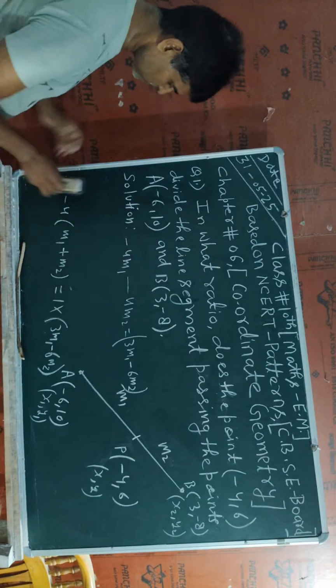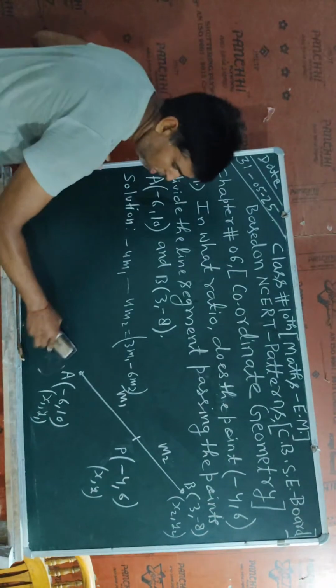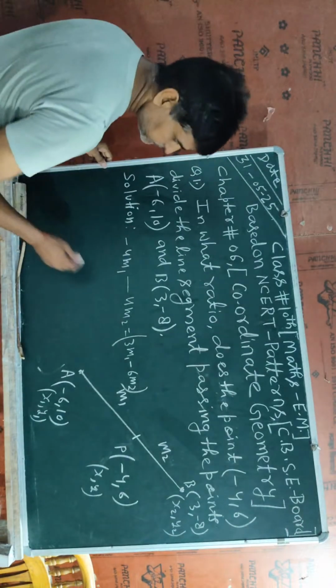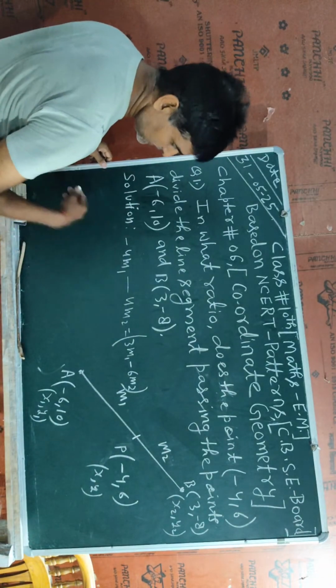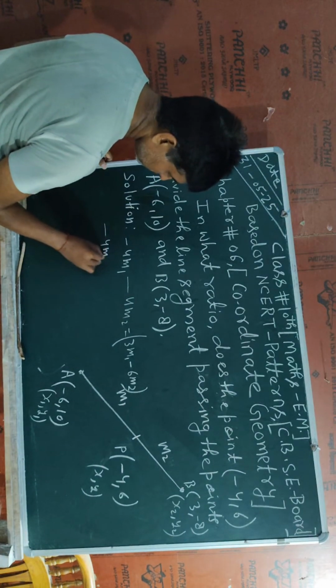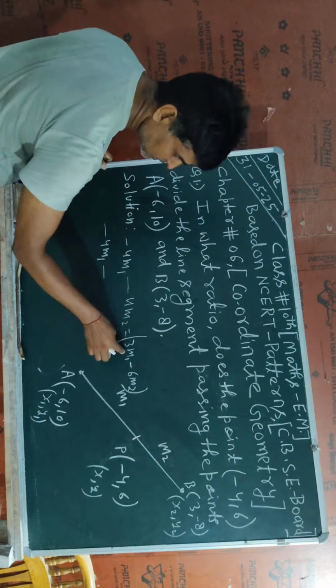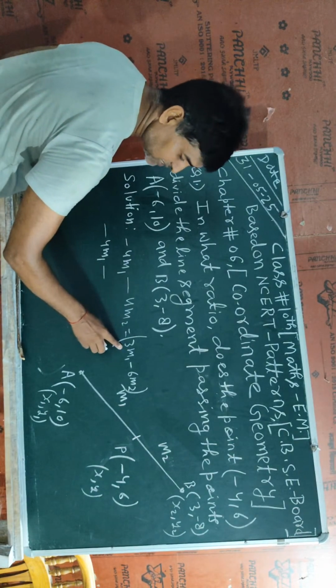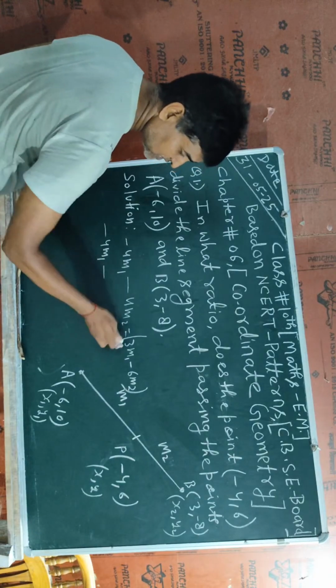Okay, now further I am going to arrange m1 on the left hand side and m2 on the right hand side. So here I have minus 4m1, and this 3m1 has a plus sign, it will come to the left hand side, so its sign will change.